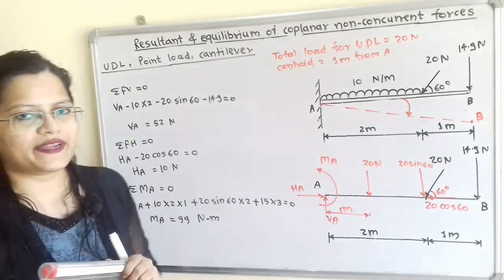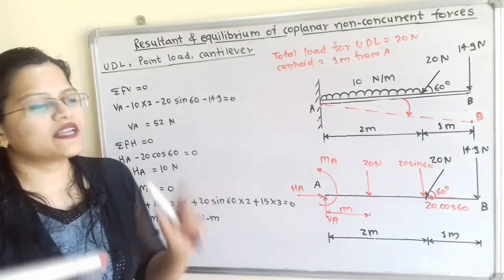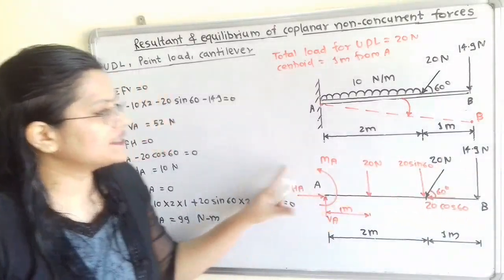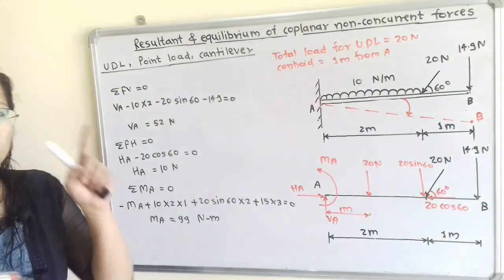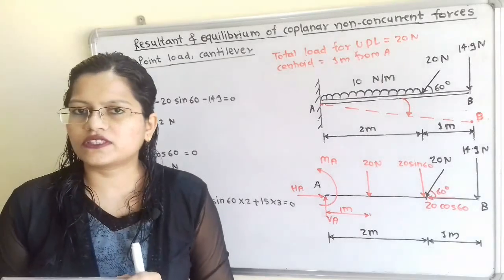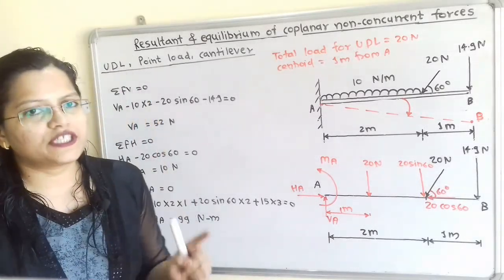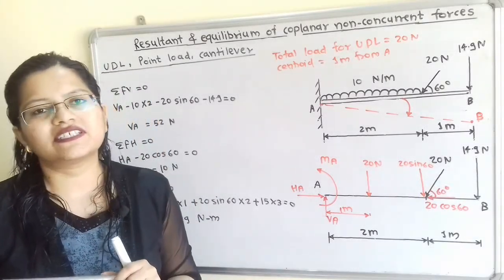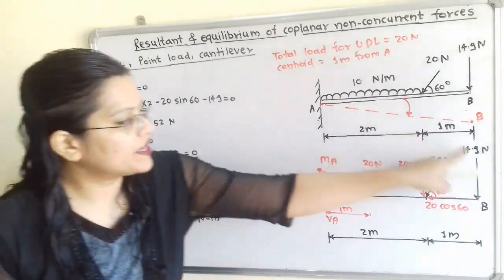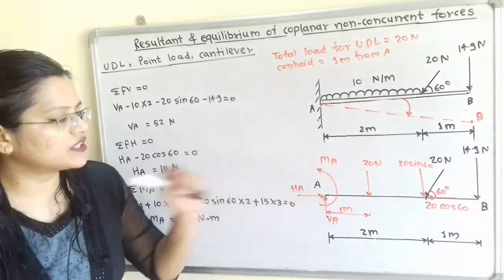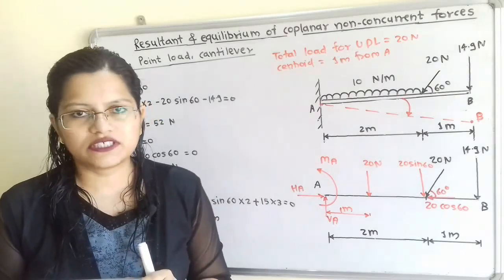So how to find out? Suppose we consider the equilibrium of this system, then summation of all vertical forces is equal to 0, summation of all horizontal forces is equal to 0, and the moment of all these forces about this point A is equal to 0.